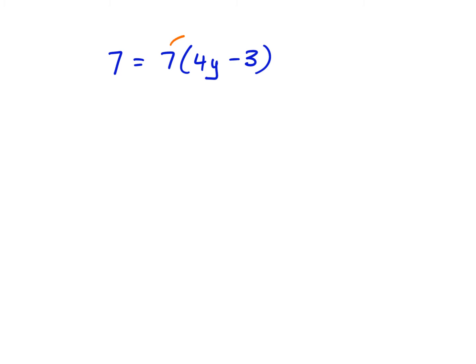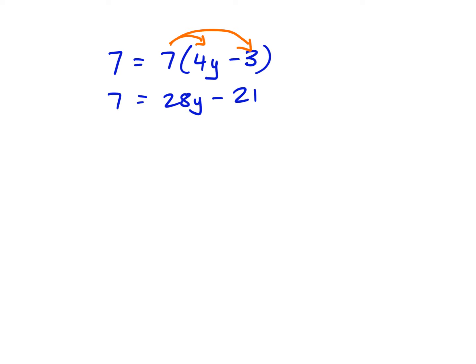Alright, well the first thing I'm going to do is I'm going to multiply out my brackets. So I'm going to go 7 is equal to 7 fours are 28y minus 7 times 3 are 21. From there, I want to get rid of my whole number over here because I want my pronumeral all by itself next to its coefficient.